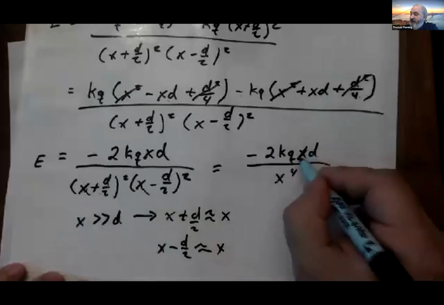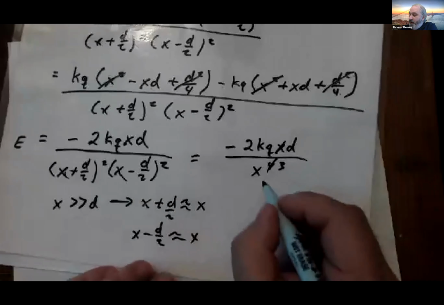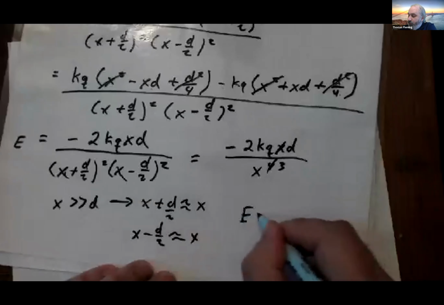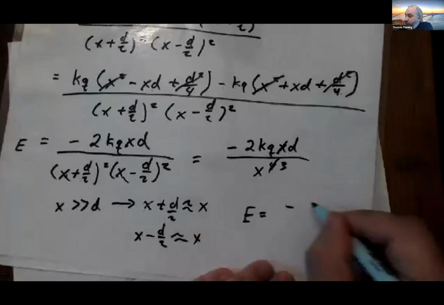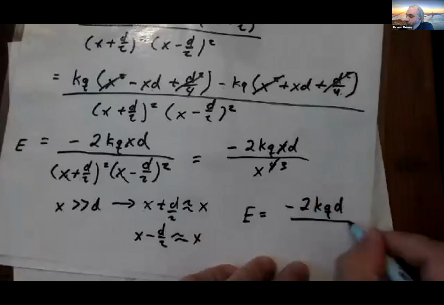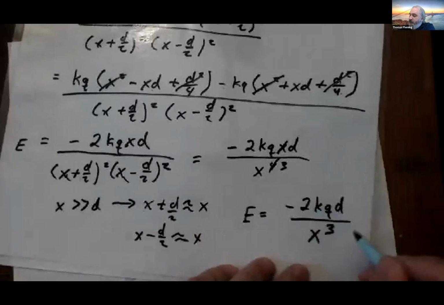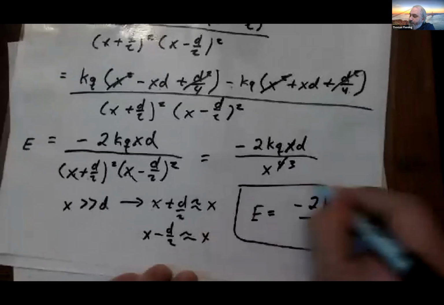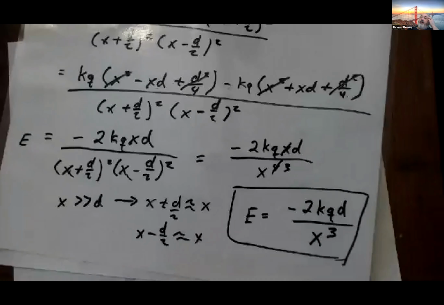And this x and one of those x's will cancel. So after all is said and done, my final answer along that axis for a dipole is this expression right here. Now, obviously, in your background section, you're going to have to derive these expressions and explain to the reader why these expressions work.